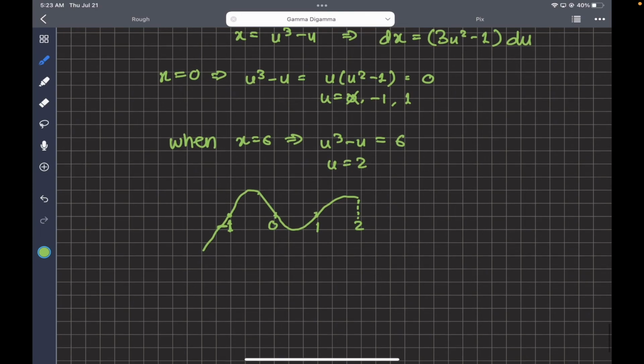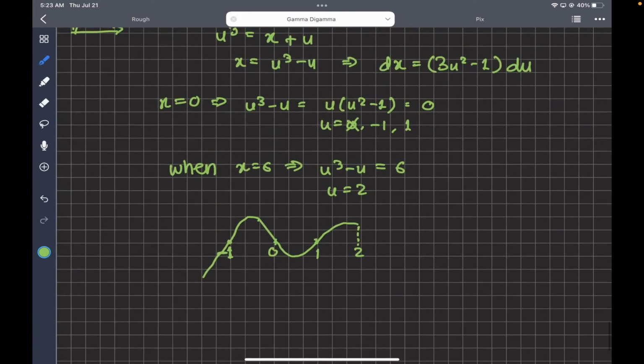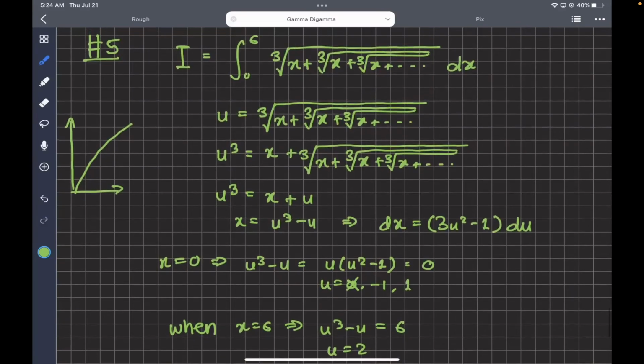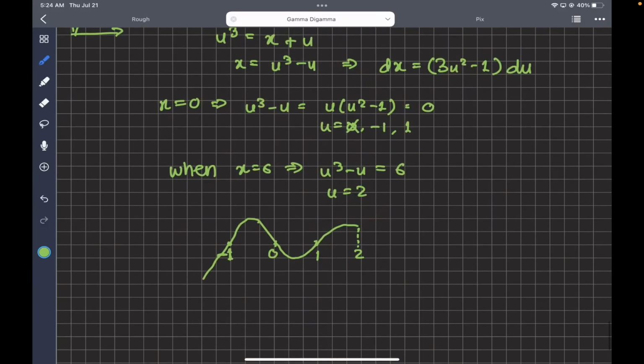You can use the same argument for -1, because although it does grow, it also falls between 0 and 1, since you're always going to pass through that 0 to 1 region as you get to 2. We know the top bound has to be 2, just because it's the unique integer solution.